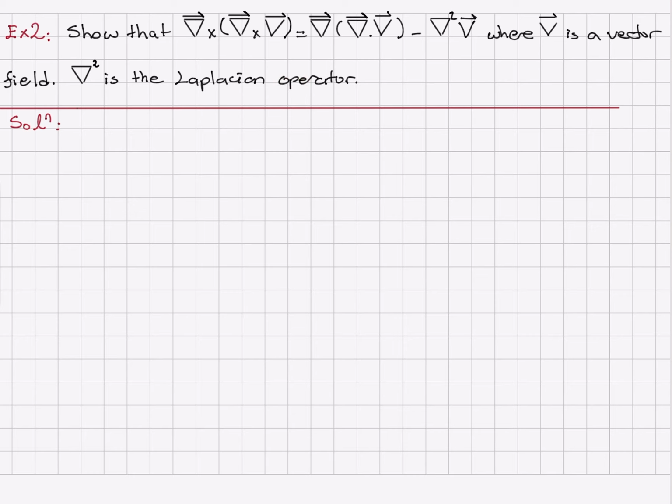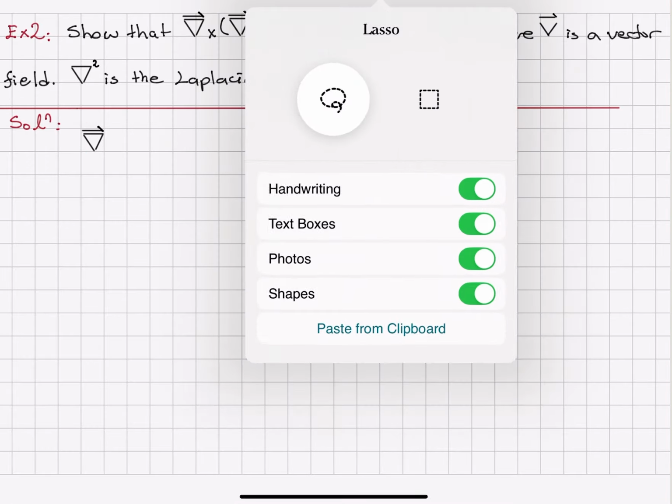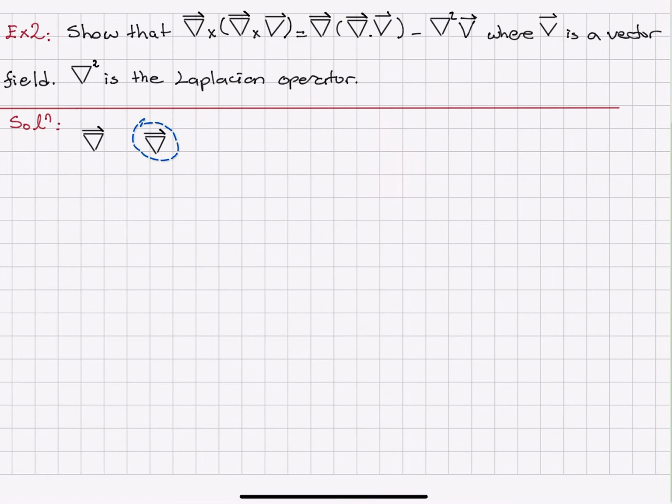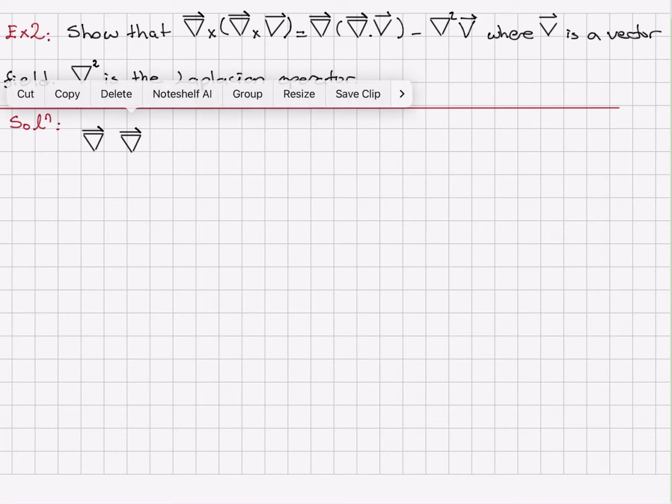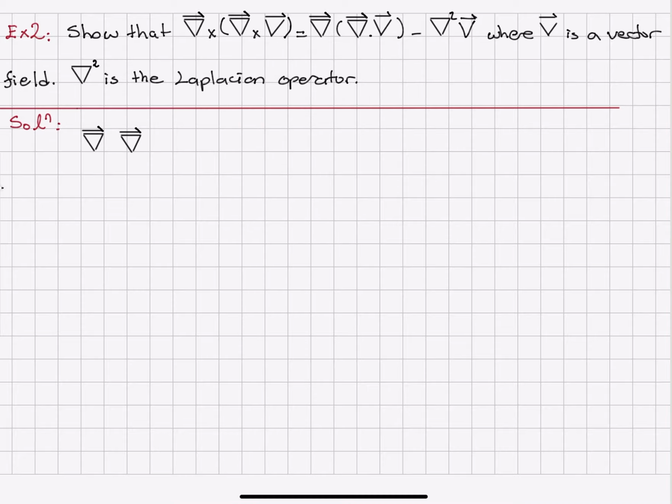Okay, so we're going to start with writing the curl of V using the subscript summation notation. So here is our del operator. We're going to take the curl of the vector field V we're considering.